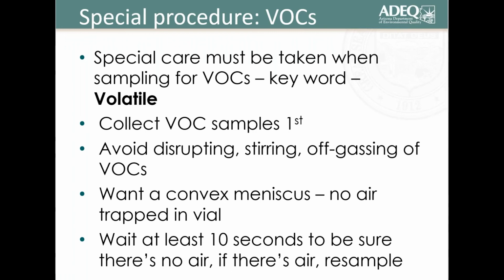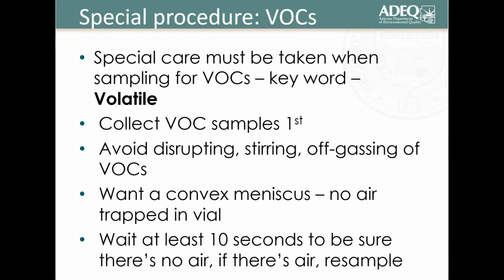Now, if there does develop air in your vial and you don't have a convex meniscus, then you need to go ahead and resample. It's very important. When it gets to the lab, they're going to look at those vials and make sure that there's no air. Similarly with coliform samples, you'll find that Eurofins Test America has a little line where they want that sample volume filled to, and they can be very particular, and it needs to be right on that line.